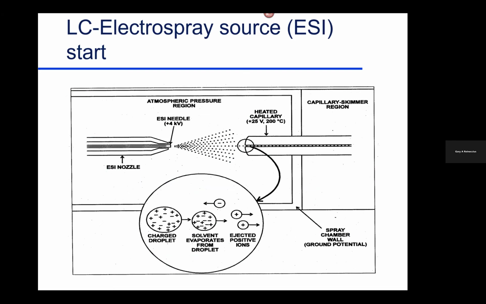There's our ESI nozzle over there. Notice the solvent is volatile, so when you dump it off your LC, it gets sprayed and vaporized.